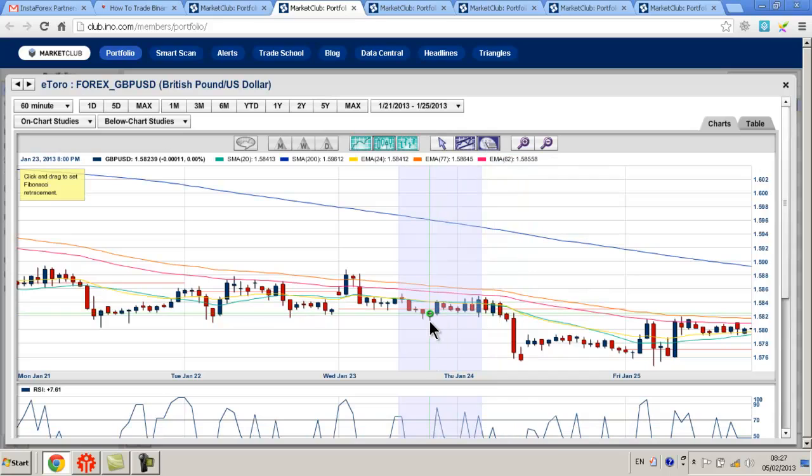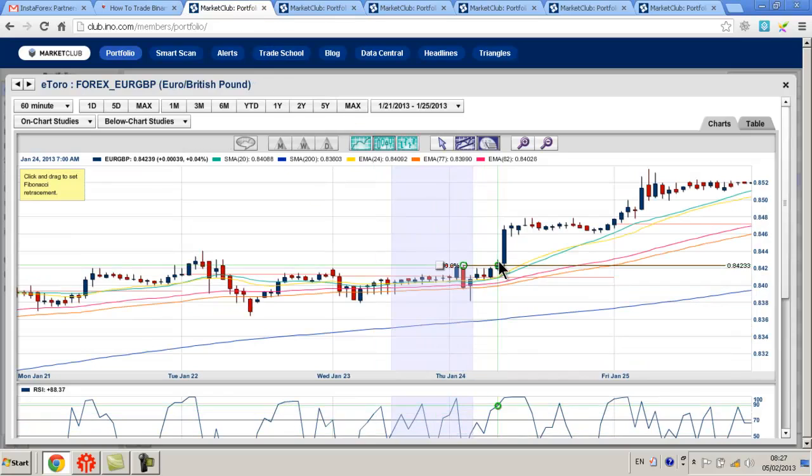Let's get our lows for that one there. If you just click once here with your fib, you'll get a nice straight line. So it breaks out here. What time is that? 8 a.m. It's going down. And 8 a.m. it's going up there. Okay. So there's definitely pound weakness.